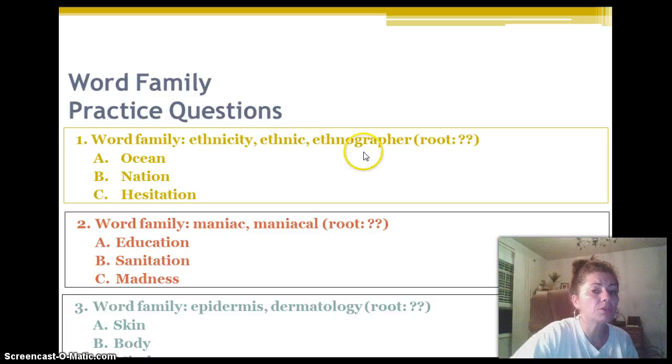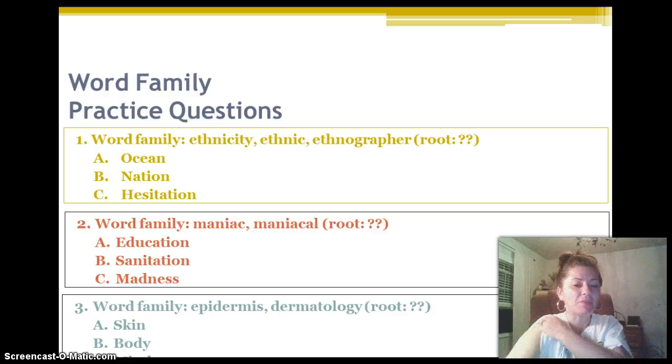So we would understand all three of these words had to do with the nation or where we come from. How about maniac, maniacal, M-A-N-I, M-A-N-I-A? We see that reoccurring here. So even though we may not know what maniacal means, you could say, well, I see that M-A-N-I-A root, and I know it has something to do with madness. All right, so you would be able to figure that out.